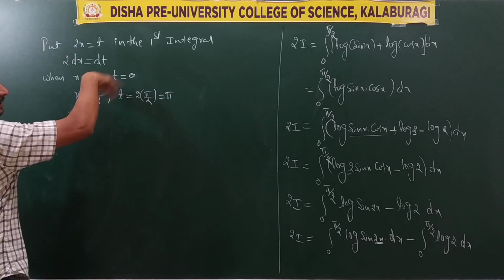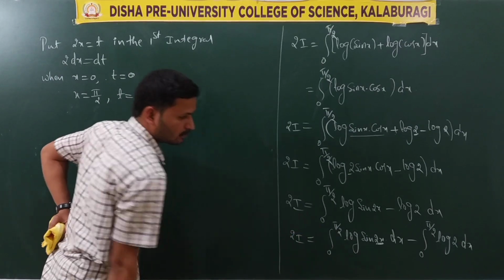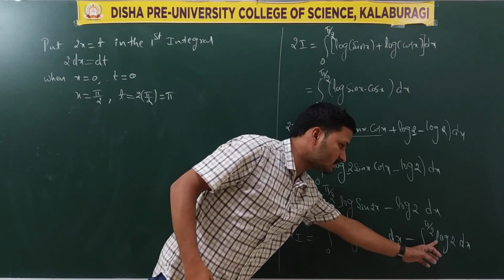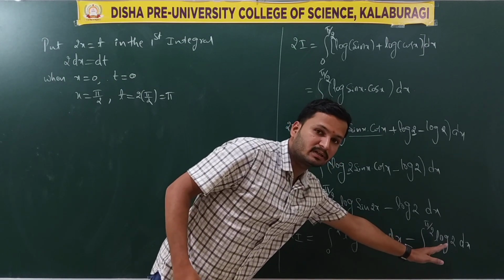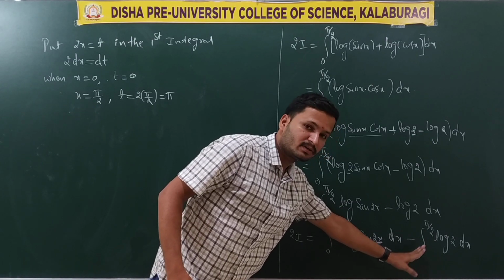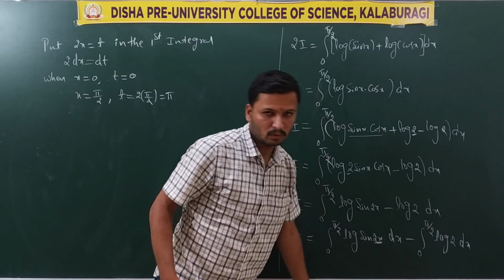Substitute all this in the first integral. For the second integral, evaluate it: log 2 is a constant term, so take it outside the integral. Then the remaining is only integration from 0 to pi by 2 of 1 into dx.